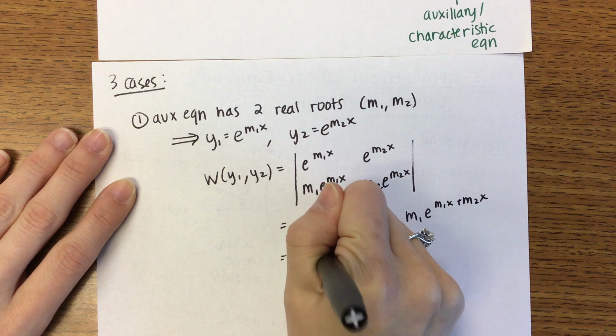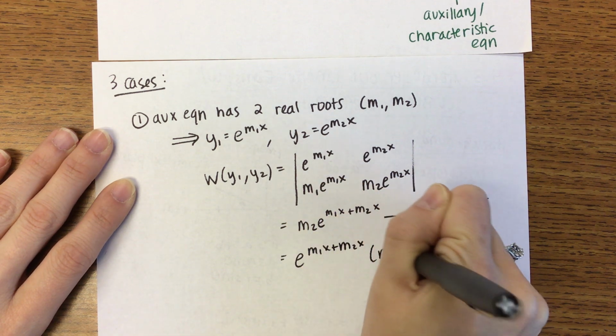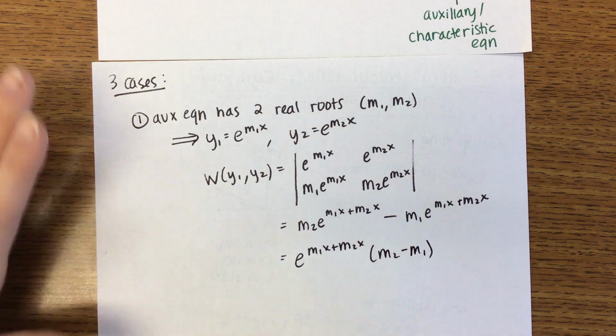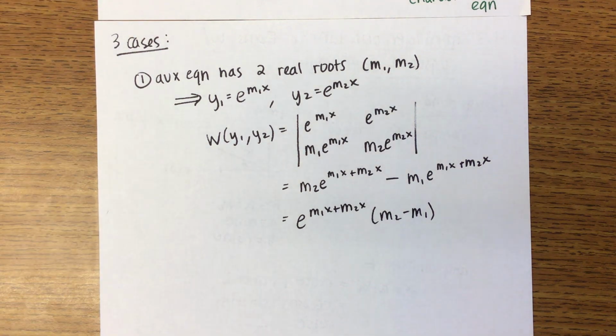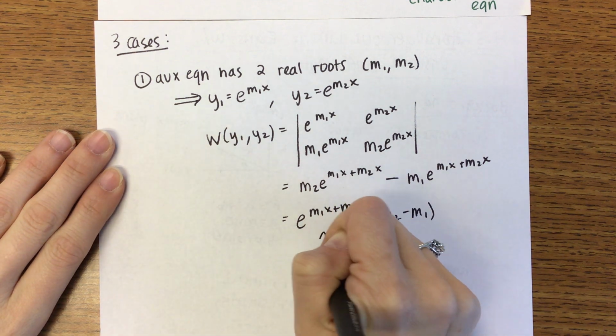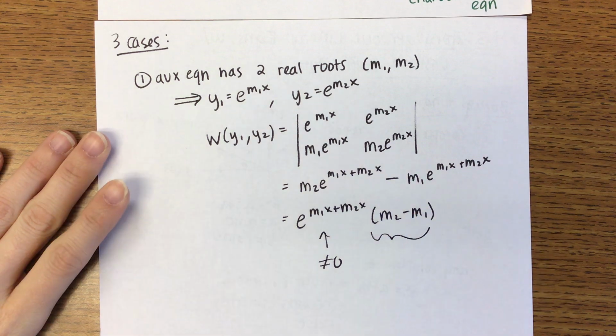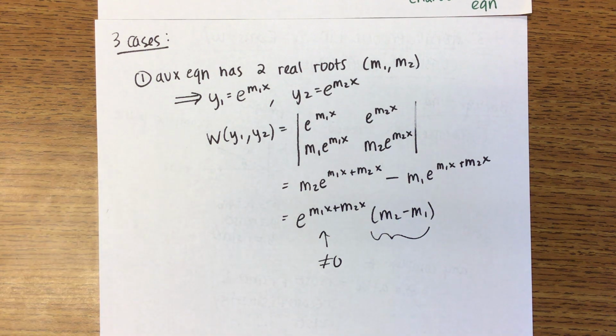Factor out the e. Why do we care about the Wronskian? What are we looking for? If it equals 0. That is not going to equal 0. What about this? Does it definitively equal 0? Could it equal 0? Or does it definitively not equal 0?